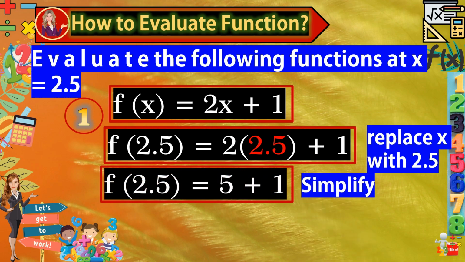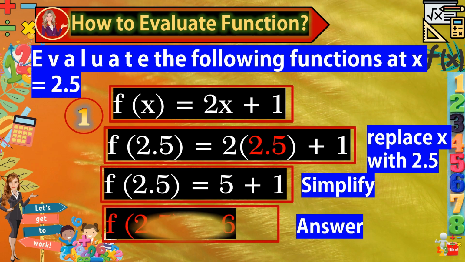Next, you need to simplify. f of 2.5 is equal to 2 times 2.5, that is equal to 5. Then copy plus 1. We have now 5 plus 1. The answer is f of 2.5 is equal to 6, our final answer.